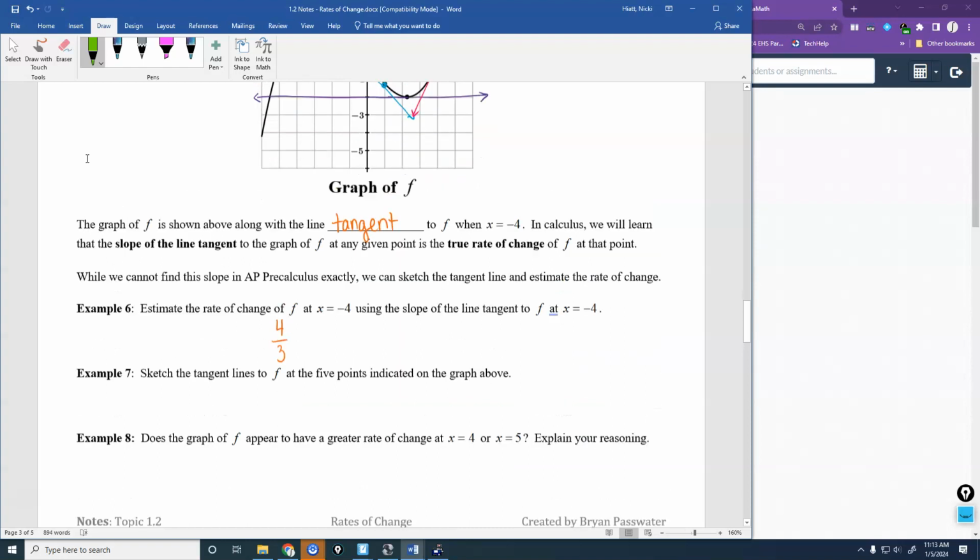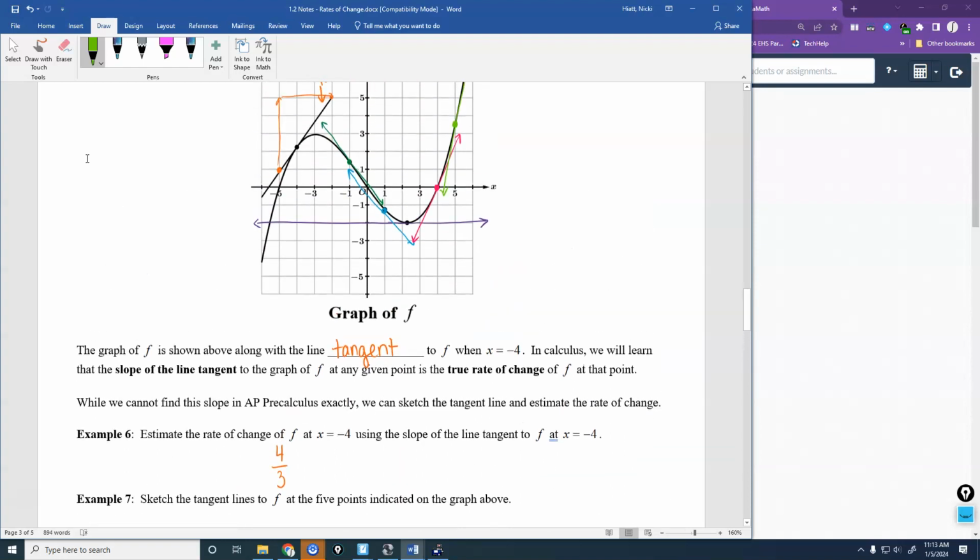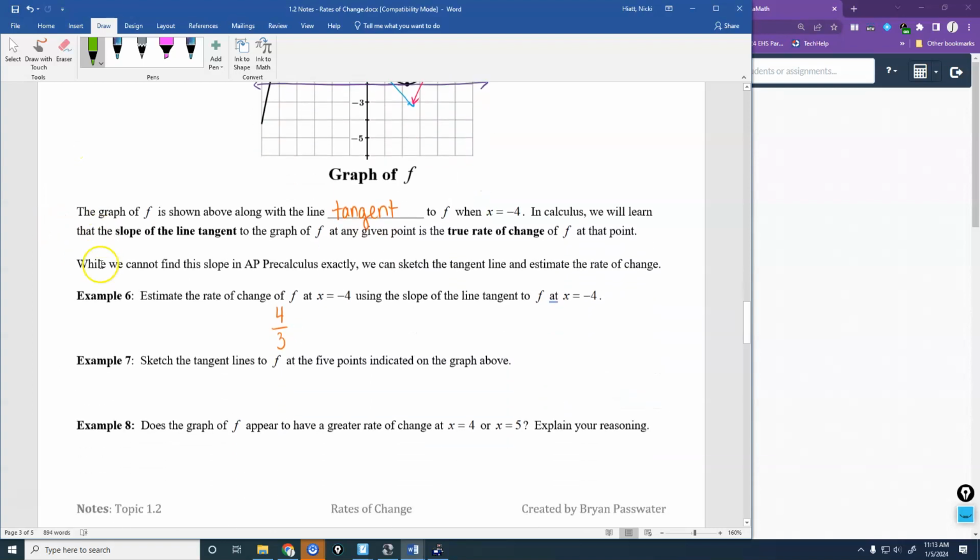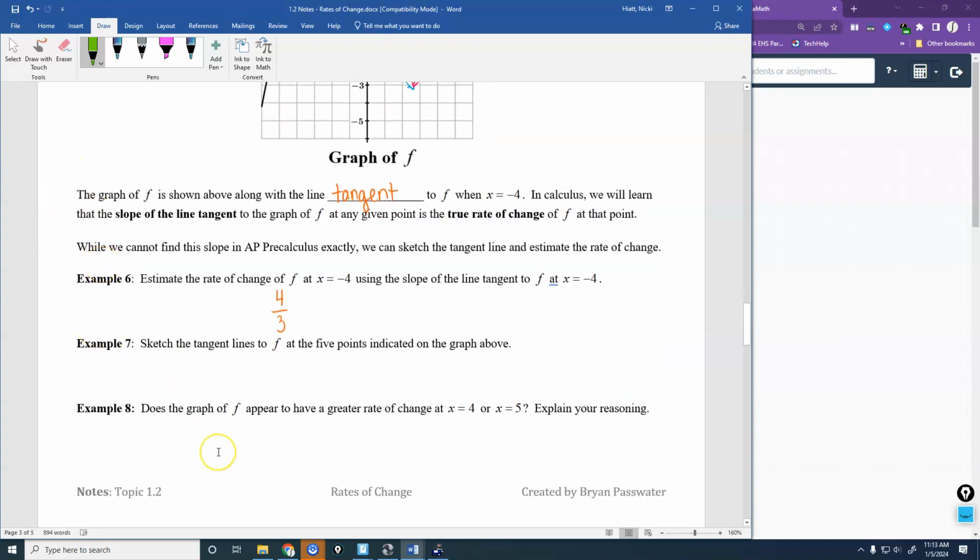Okay, and then they are not really going to ask you, in most cases, to estimate a tangent line with a lot of accuracy. What they do a lot of times ask you is to compare tangent lines. So it says, for example, 8. Does the graph of f appear to have a greater rate of change at 4 or 5?